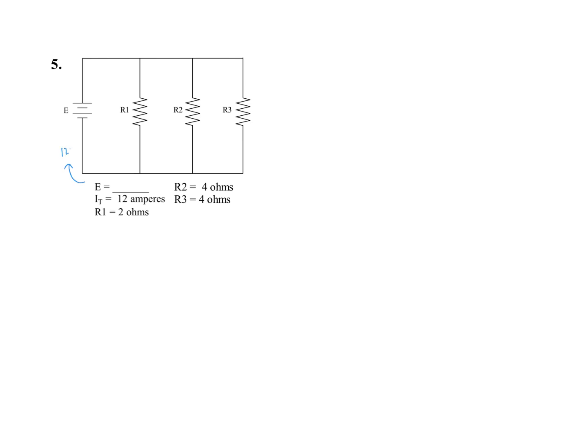We've got 12 amps, and then R1 is 2 ohms, R2 is 4 ohms, and R3 is 4 ohms. So this one, we'll start out with figuring out our total or equivalent resistance.